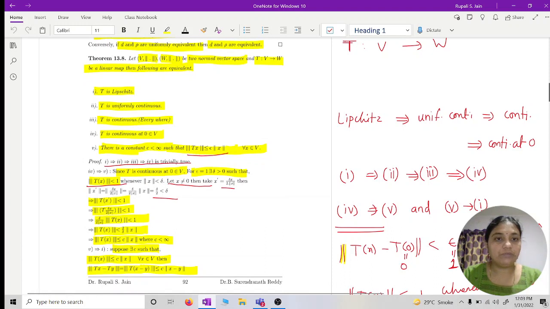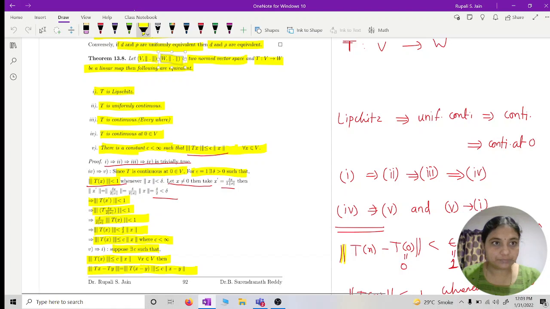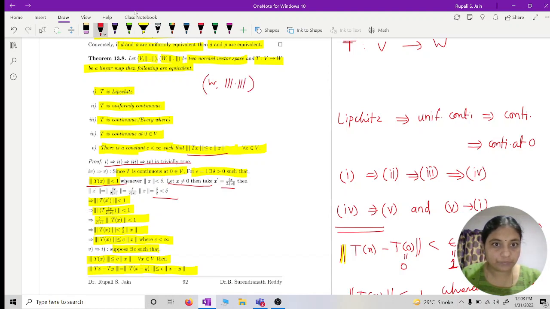V with a norm and W with another norm. Actually, here there is a printing mistake. It should be the triple norm. This W is with this norm.